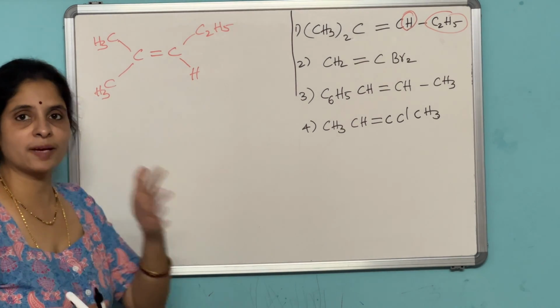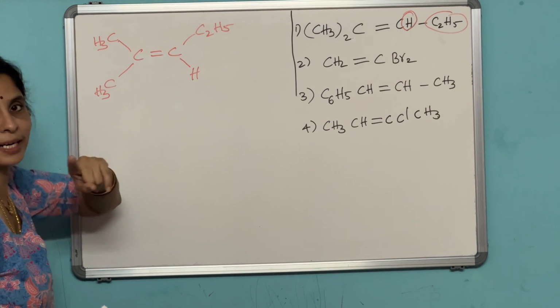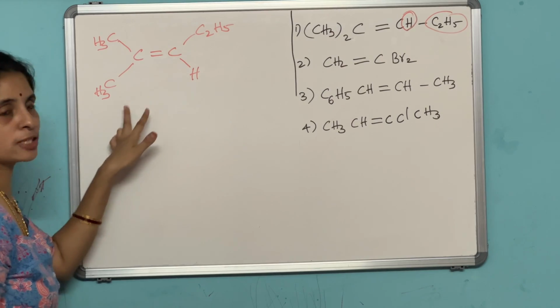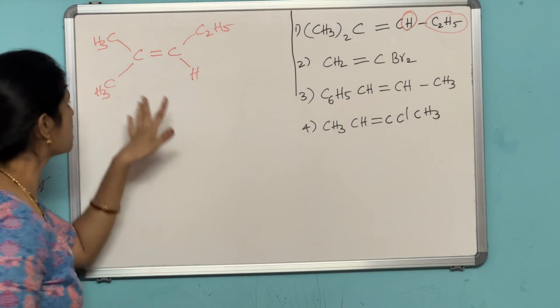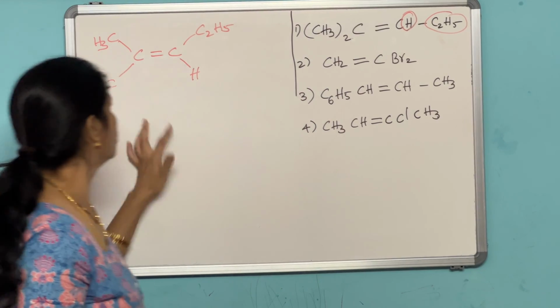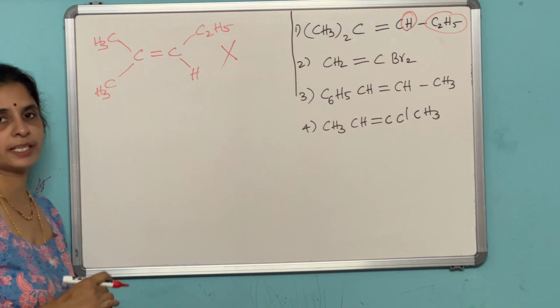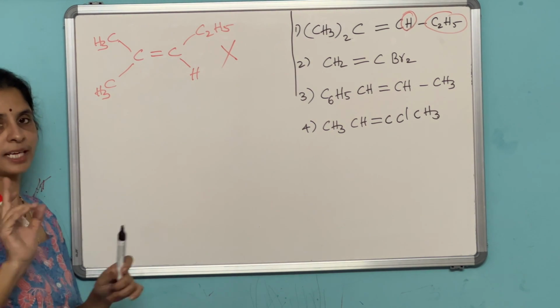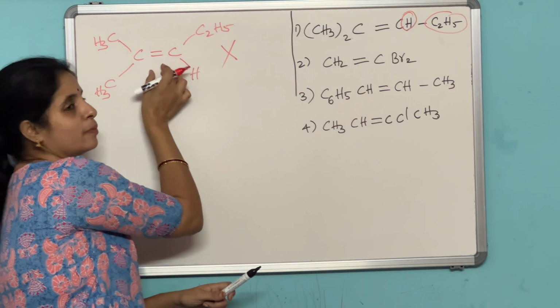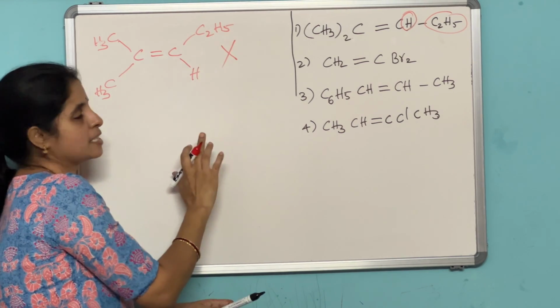Same atoms, same side means the same atom should not be attached to one carbon atom. Same atoms attached to the two carbon atoms. Between the two carbon atoms there should be a double bond. So here there is no geometrical isomerism exhibited by this first one. Clear this point? Although double bond is there, two same atoms are there, no geometrical isomerism.